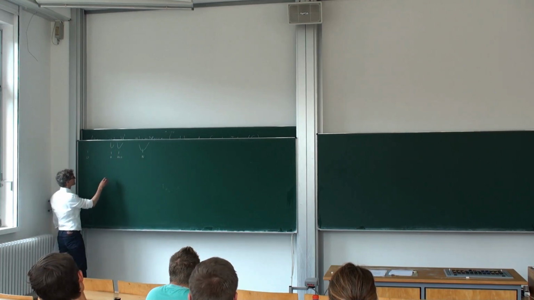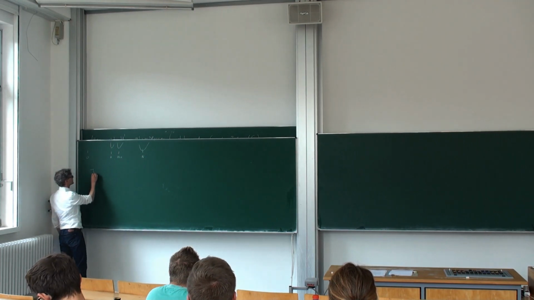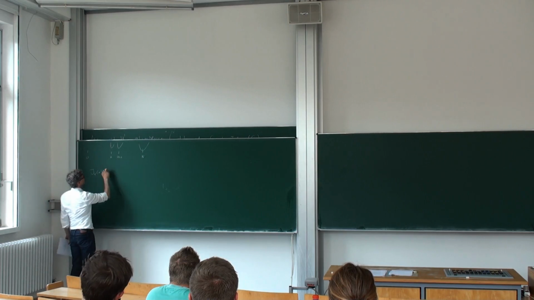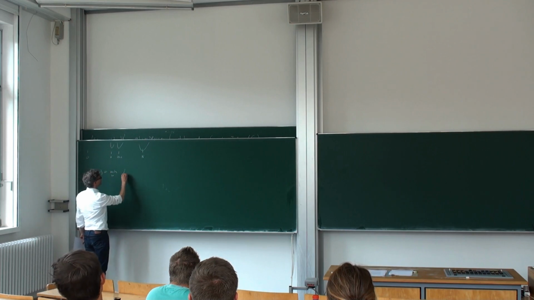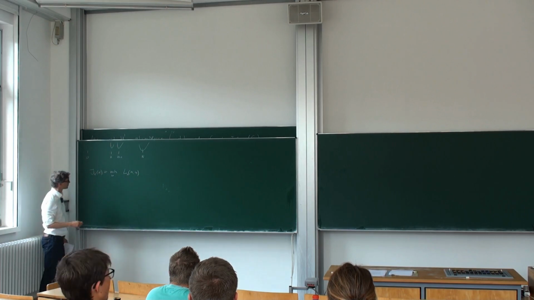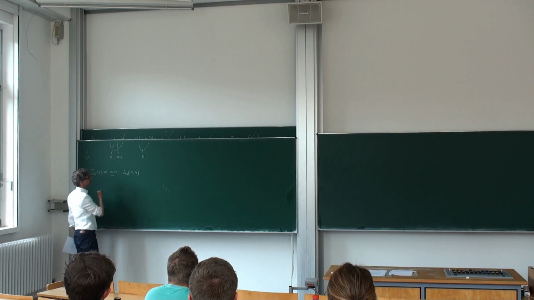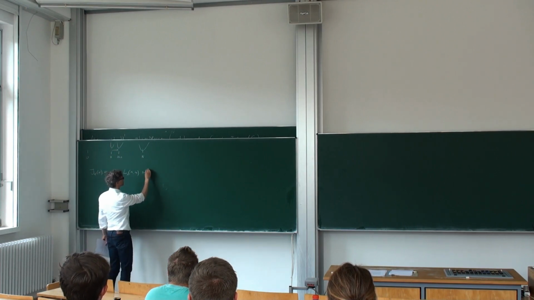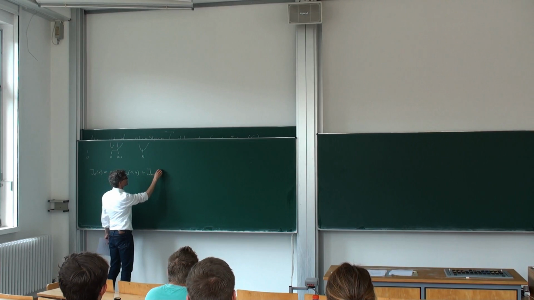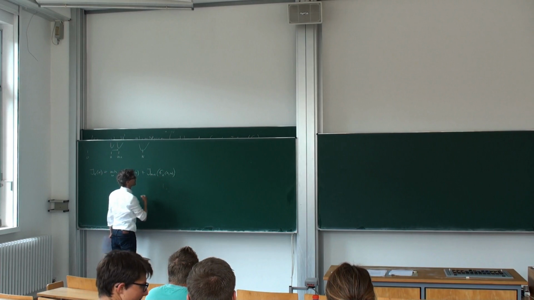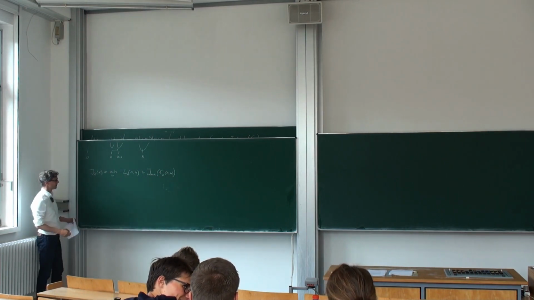These cost-to-go functions obey a recursion given by this formula, where the cost to go at that time point is the minimum over all actions u of the stage cost on this transition from k to k plus 1, which could have an index in principle, plus the cost to go that you would end up with after this time step if you let the system develop according to its system dynamics, which could also be time varying.